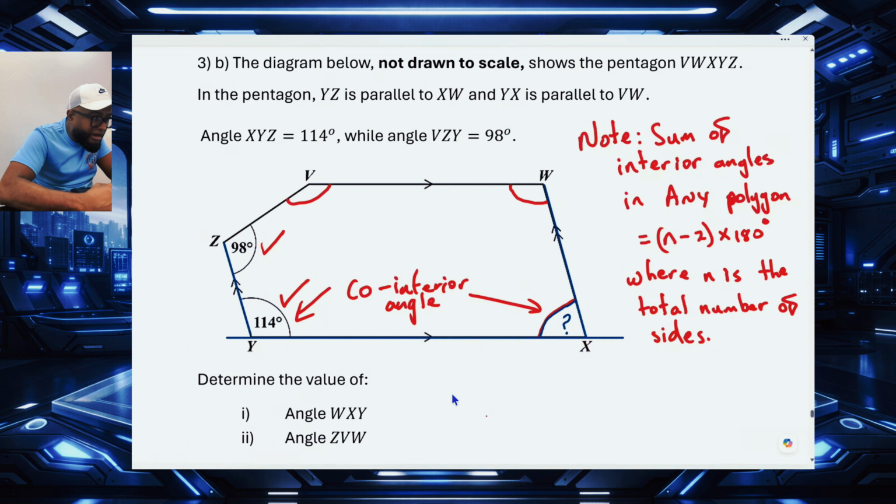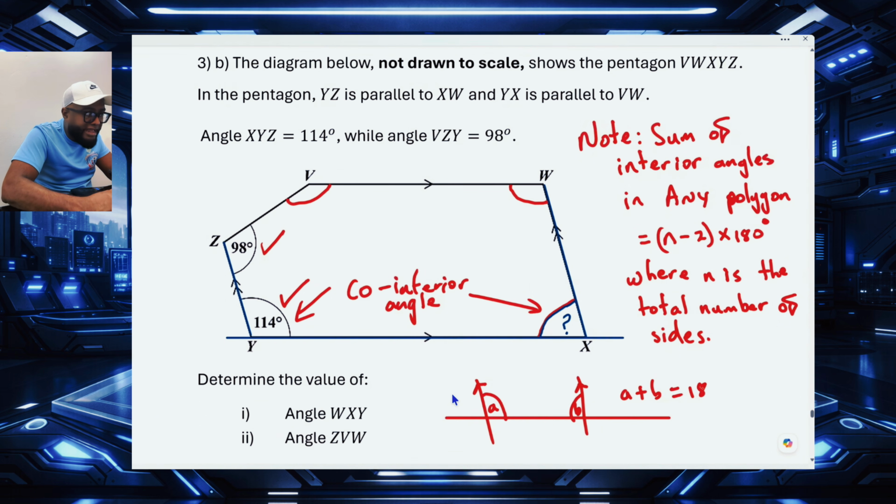You have a pair of parallel lines, 1, 2. You have a transversal running across. This angle on the inside plus this angle on the inside, these two lines being parallel, add up to 180. So A plus B is equal to 180. They are co-interior. So 114 plus the unknown angle will add up to 180.